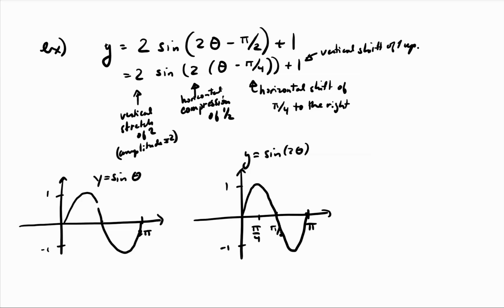Then we can shift it, replacing theta by theta minus pi over 4. So now we shift it to the right by pi over 4.